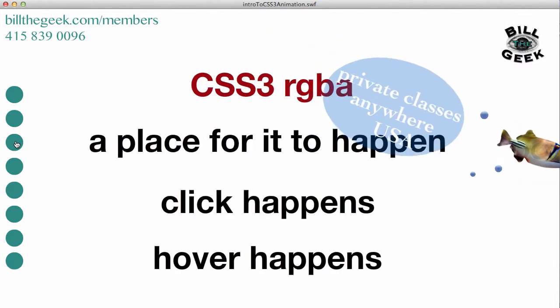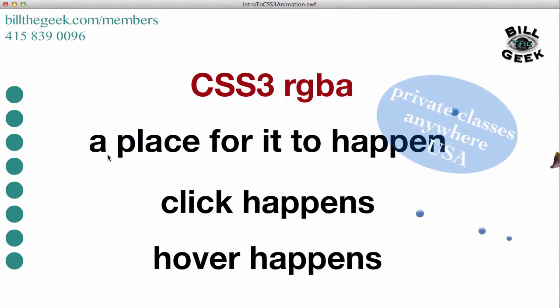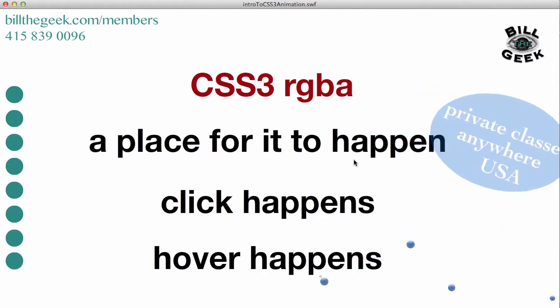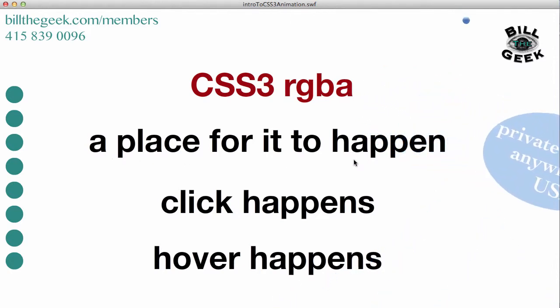First of all, you have to set up a place for it to happen. That's important. Usually this is in a div. And then you want to make it so that you click something and it happens, which we're going to do, or you hover over something and it happens. And we're going to do both of those.